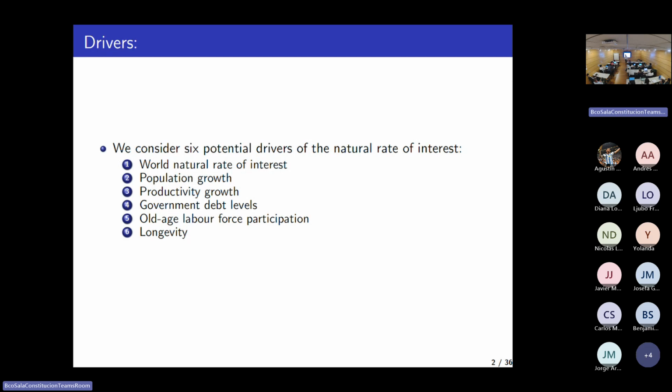Right. Is there any reason for focusing on these drivers and not others? For instance, the increasing inequality. So that's one that I'll explain later when we get to it, why we don't do that. But that's exactly one of the ones that some people do that we don't, and I'll explain exactly why later on.